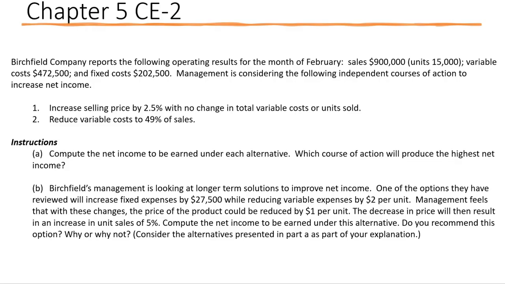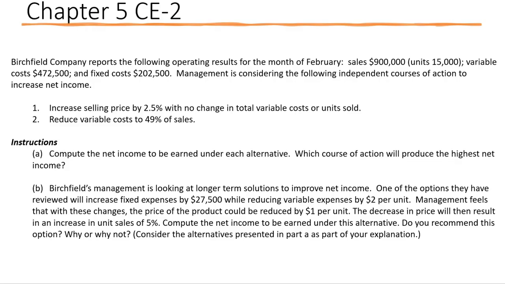One option they have reviewed will increase fixed expenses by $27,500 while reducing variable expenses by $2 per unit. Management feels that with these changes, the price of the product could be reduced by $1 per unit. The decrease in price will then result in an increase in unit sales of 5%. So the lower selling price is going to result in higher units sold. Then we need to compute the net income to be earned under this alternative, and we'll discuss whether we recommend that or not.